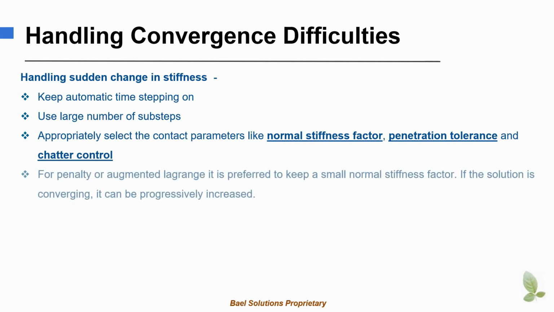For penalty or augmented Lagrange method, initially, keep a small normal stiffness factor. If the solution is converging, it can be progressively increased. We are going to learn more about the above-mentioned contact parameters in the subsequent slides.